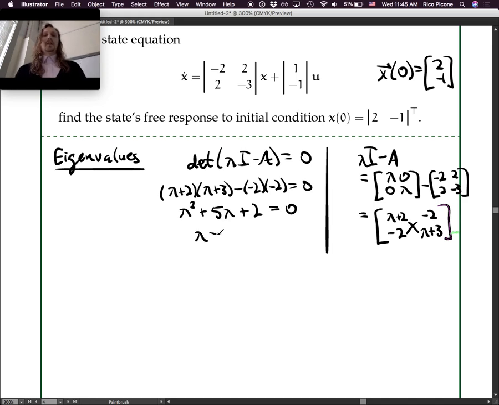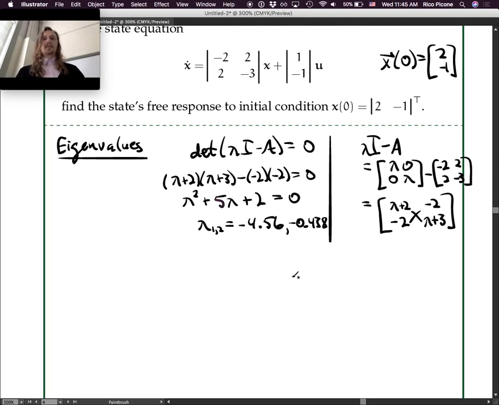So you can solve this however you want. Lambda 1 and lambda 2. I get negative 4.56 and negative 0.438. Okay.